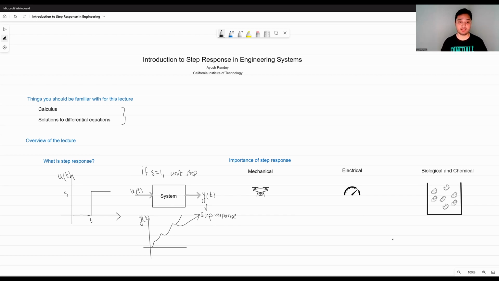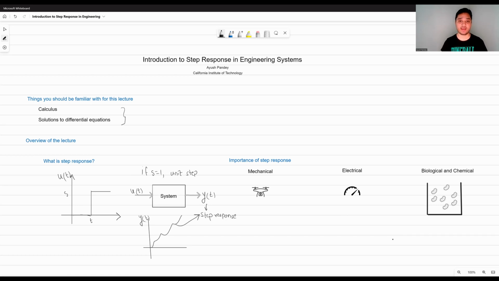Well, there are many use cases of step inputs, as demonstrated on the right-hand side with these examples. So for example, if you have a drone or an aircraft for which you want to control the altitude, and it may be at a particular altitude already, and so if you want to change that altitude from, let's say, 100 meters to 200 meters, that is a step input. And so you may want to study how your system responds when you introduce that step input.